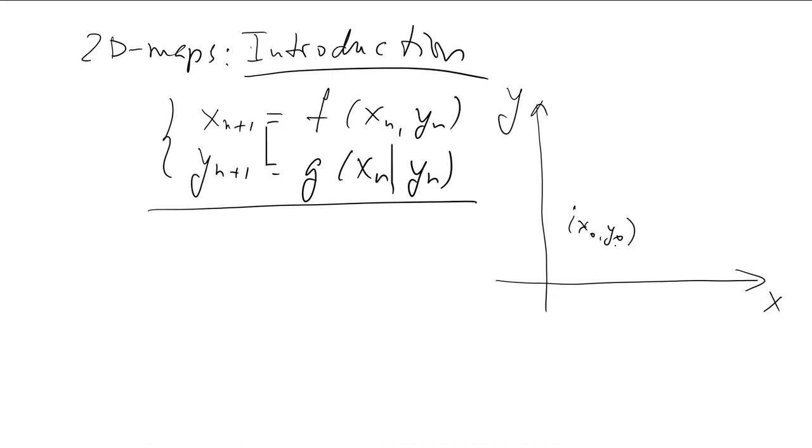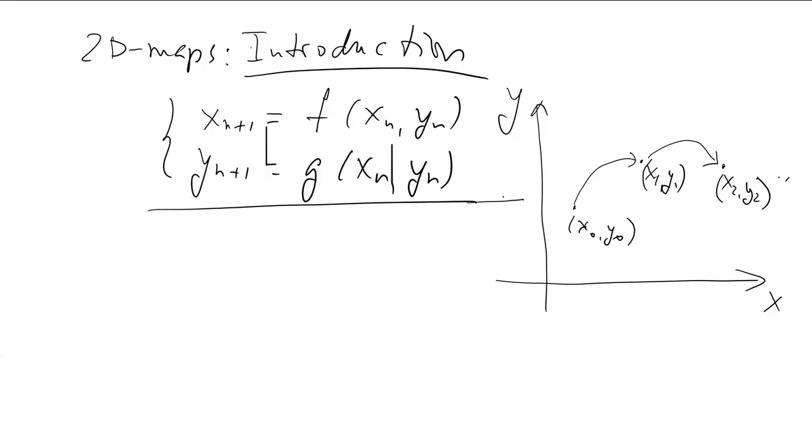Then we find x1, y1. So after the first iteration, we jump to this place. Then we find x2, y2. This will give coordinates of another point on the plane, and this is another iteration, and so on. So this is how we can see it.